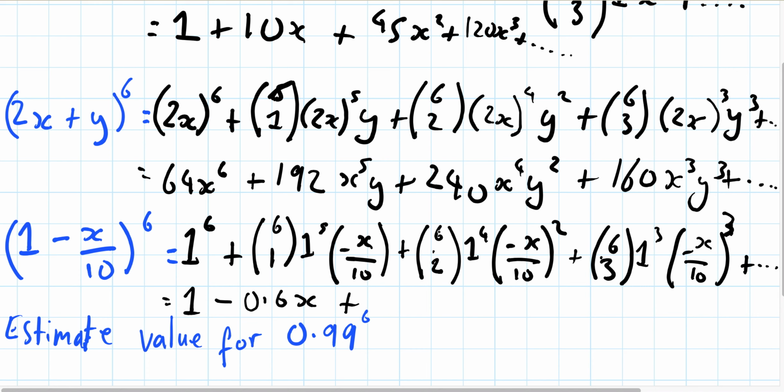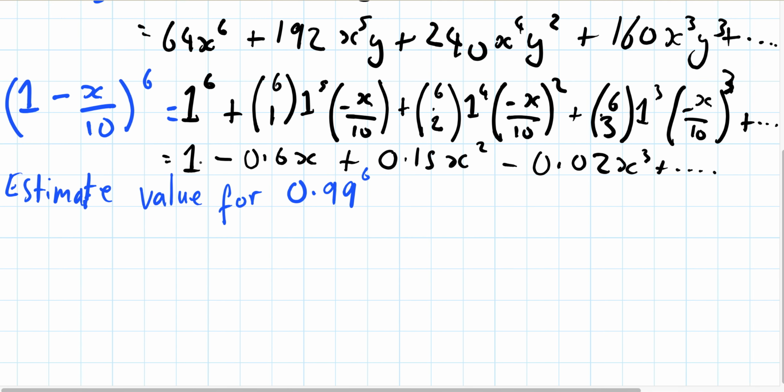Add, all this on my calculator, times x squared divided by 100, 0.15x squared, and this one minus 0.02x cubed, plus dot dot dot. Okay, so that's our binomial expansion.